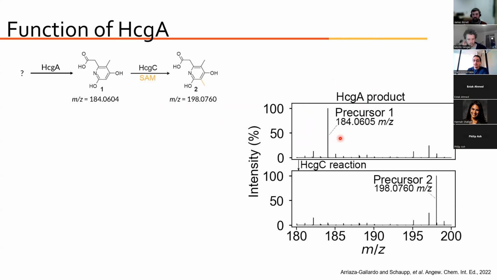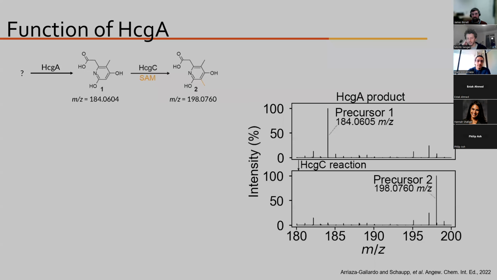This is a mass spectrometry result. We can see the mass of precursor 1, and when we further incubate with ACGC, this peak disappears and the peak for precursor 2 is shown over time. So that tells us that indeed ACGA generates the first precursor. However, the substrates are still unknown, and that's still an ongoing process to try to find that.